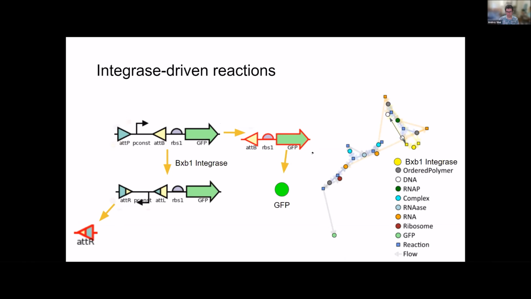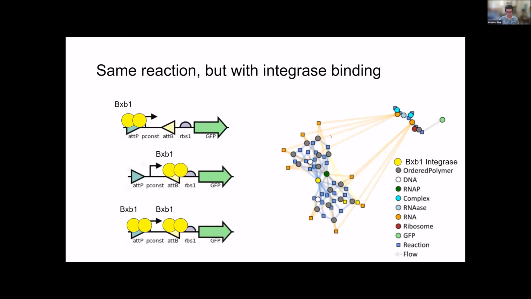But binding is something that's useful if you care about how much integrase is present. So you can specify that. And when you do, the same kind of reaction turns into something more complicated, as you can imagine. Once you start specifying binding, you end up with these conditions where you can have different states of the DNA.